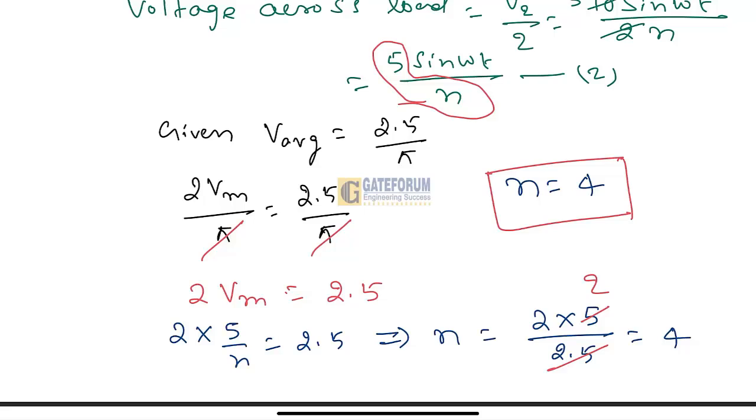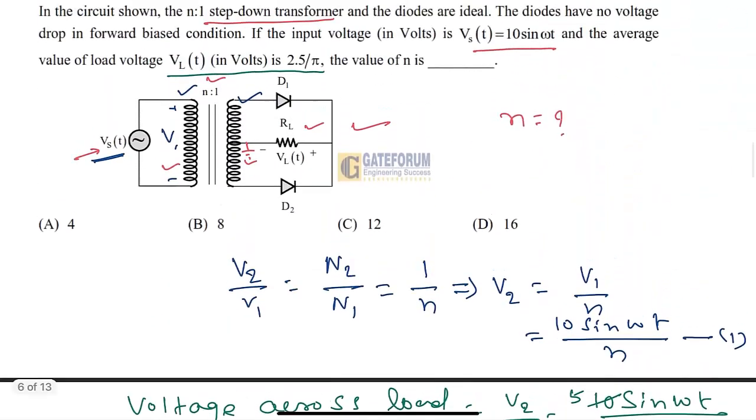The right answer, the value of n which is the number of turns for the primary coil, is 4. So option A is the right answer for this question. This is the end of the explanation for this question.